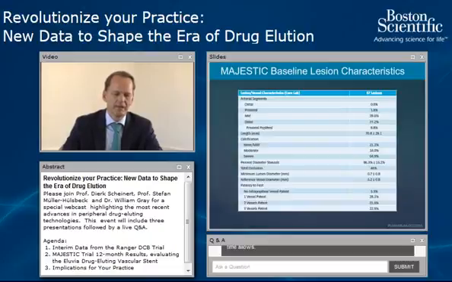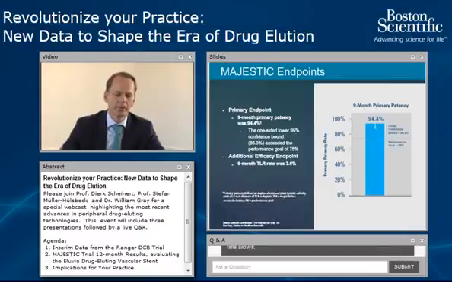If we look at the baseline lesion characteristics, I want to highlight that we mainly treated the distal SFA. We included also the proximal popliteal artery up to a length close to 71 millimeters, and I want to point out that most of the lesions, 64.9%, were severely calcified, and 46% of the lesions were total occlusions.